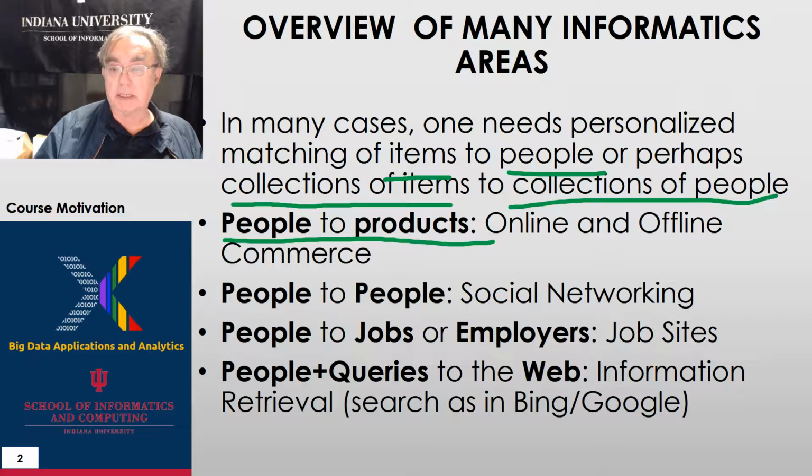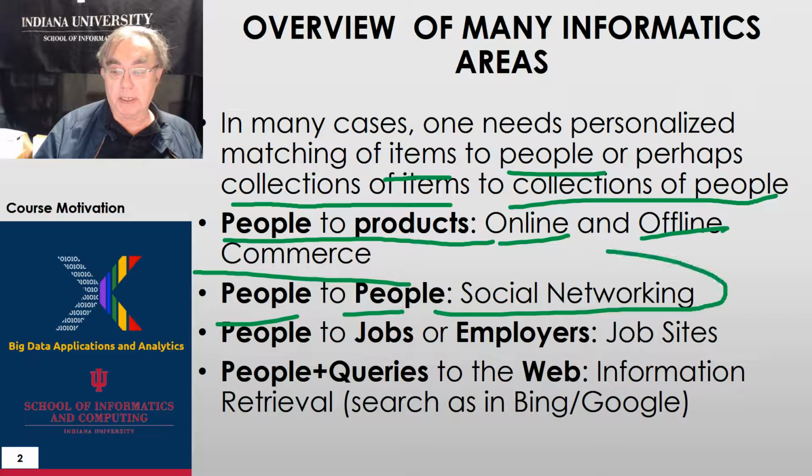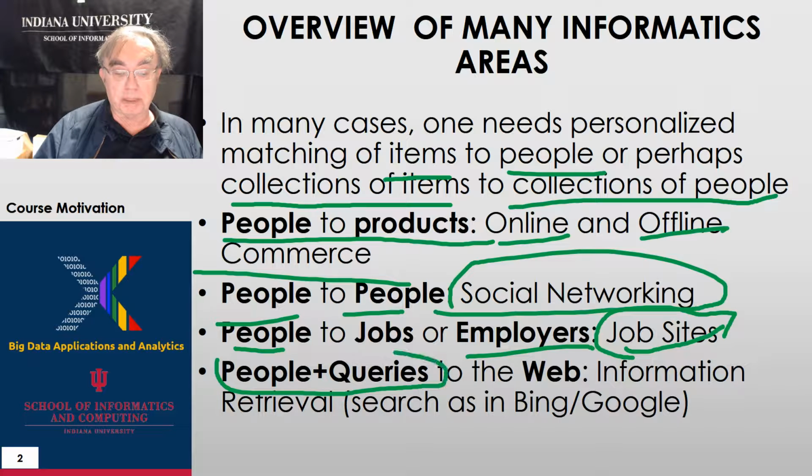People to products, that's online and offline commerce. People to people, that's social networking. People to jobs, that's things like Monster or something, job sites, matching people to jobs or employers. And then we want to have people plus their queries matched to the internet. That's called search.